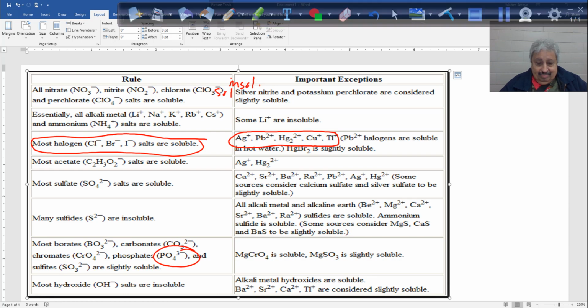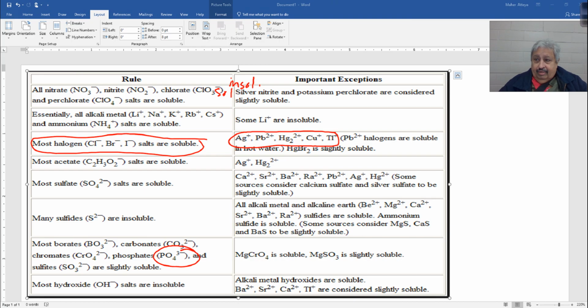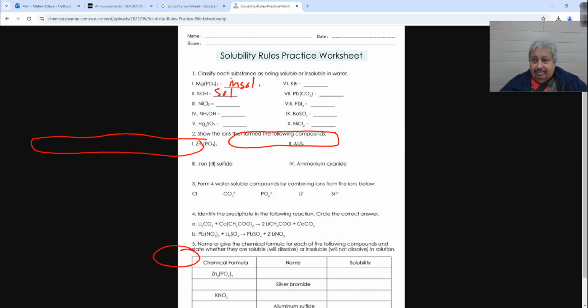So that's the type of questions we'll ask in the exam and in our quizzes. Let's take this one down, back to this one here. How about this one?